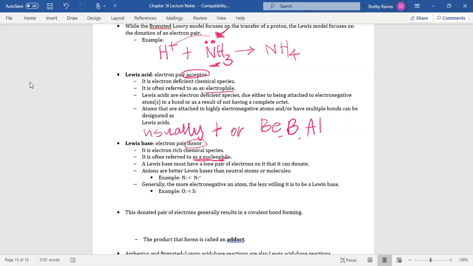Anions are better Lewis bases than neutral atoms or molecules. So if it has a negative charge, it's a good base. And generally, the more electronegative an atom, the less willing it is to be a Lewis base because it doesn't want to share its electrons.